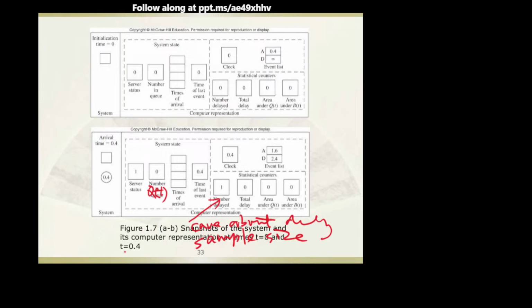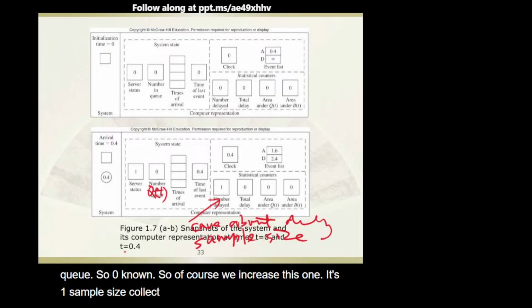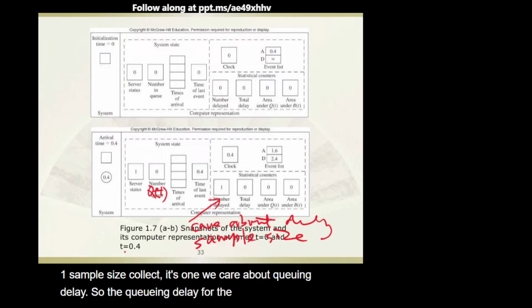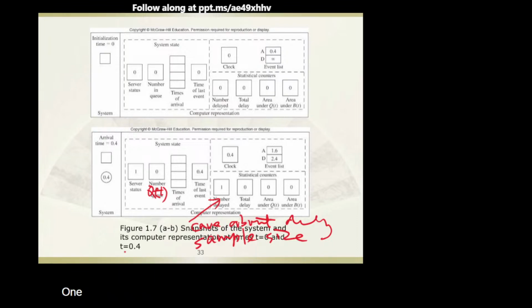It's 1. Sample size collected. We care about queuing delay, and for this customer we know it's 0. And total delay right now is 0. So no change. And area right now, no and no.